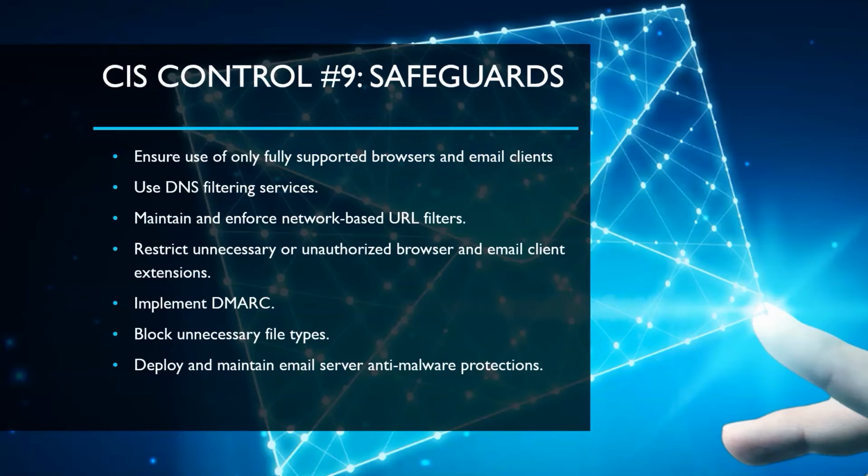Maintaining and enforcing network-based URL filters. So again, these can be used to help protect against your end users connecting to potentially malicious websites or even just unapproved websites. So some organizations will block Google Docs, Google Drive, things like that, because they're using Microsoft Teams, for example. So they block anyone using Google for a number of reasons.